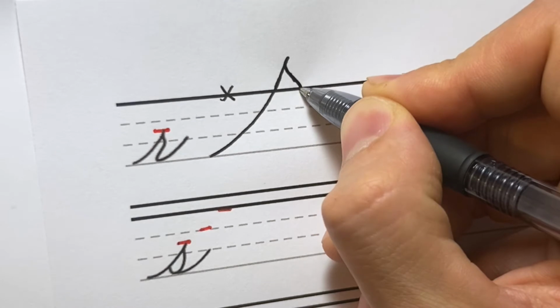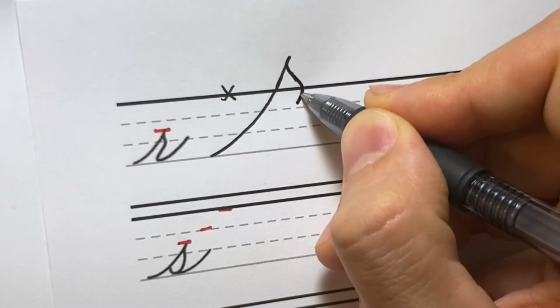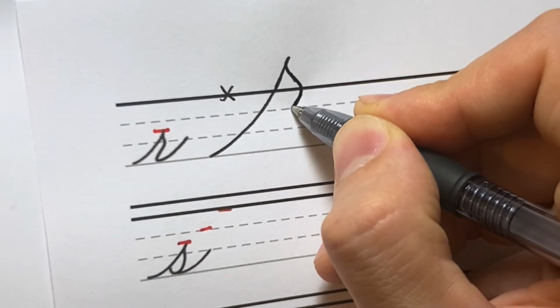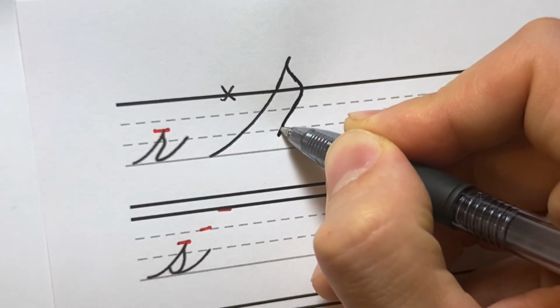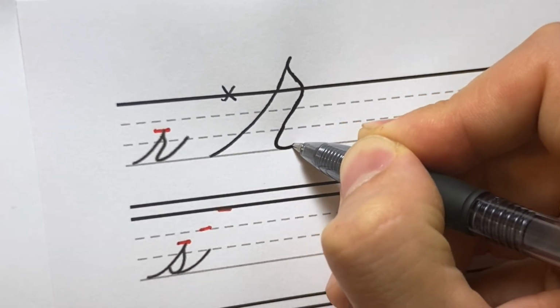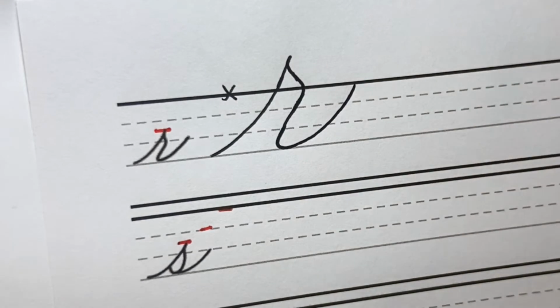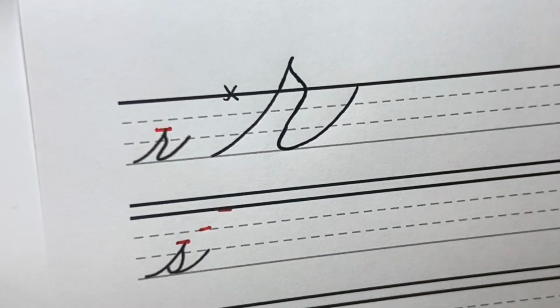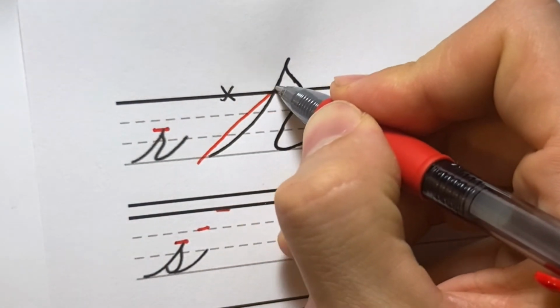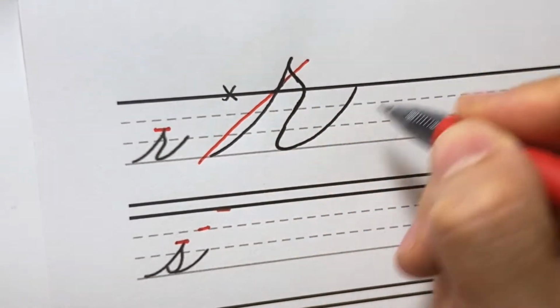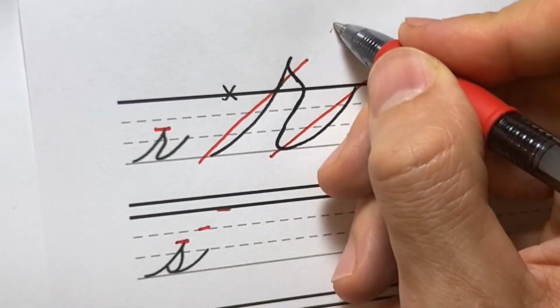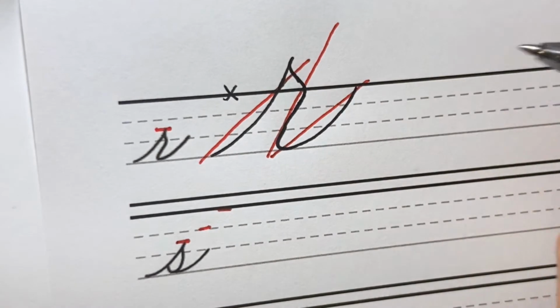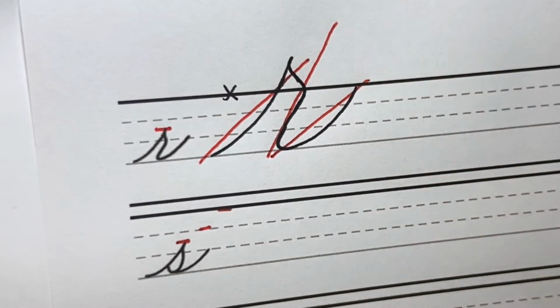And then I'm going to do a nice soft shoulder turn off of that, and then start coming down on my main slant, down to the baseline, and do a nice tight turn on that connective slant again. So we start on our connective slant here, we end on our connective slant, and this stroke is coming down on the main slant.